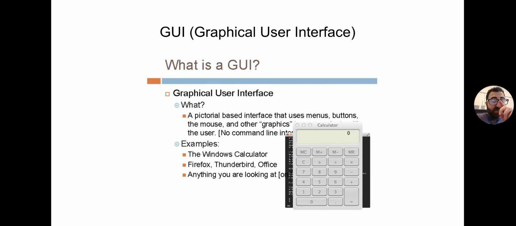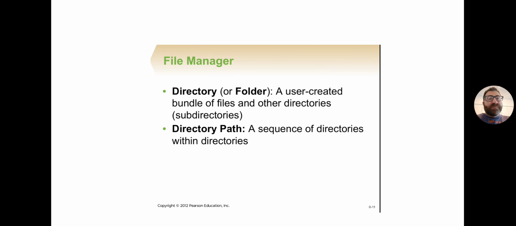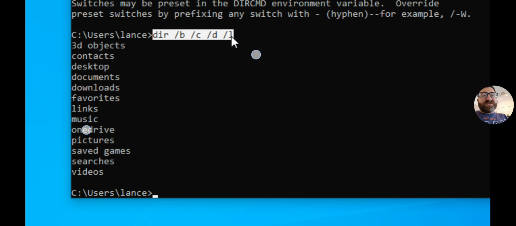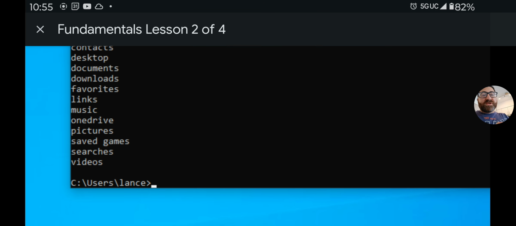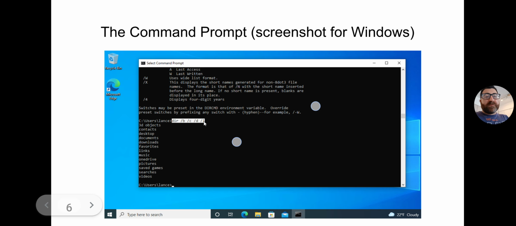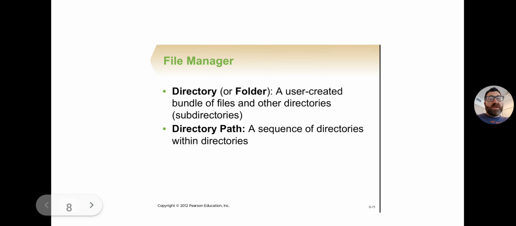So next we're going to talk about the File Manager. We already got some exposure to files and directories from this dir command, which printed out all the directories. A directory or folder is a user-created bundle of files and other directories, subdirectories.